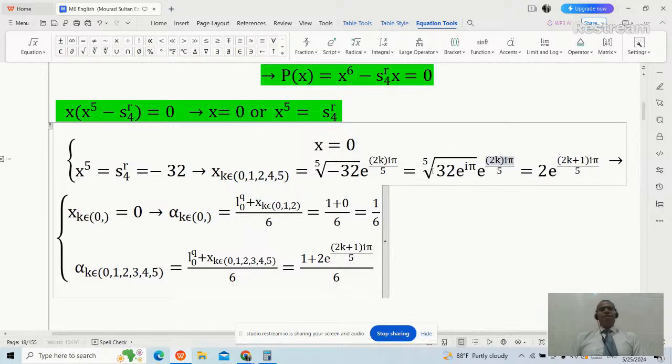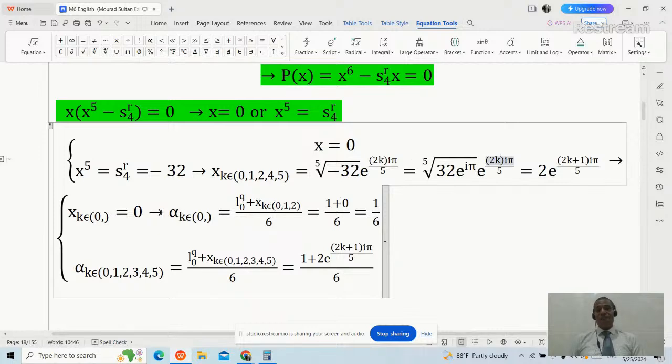And therefore, I continue: the fifth root of 32 is 2, times exponential I pi divided by 5, times exponential 2k I pi divided by 5. So I have two bases with different indices, and the sign is multiplication. I should add the indices, meaning 2 times exponential of (2k plus 1) I pi over 5. This is the roots of my new polynomial, not the original one.